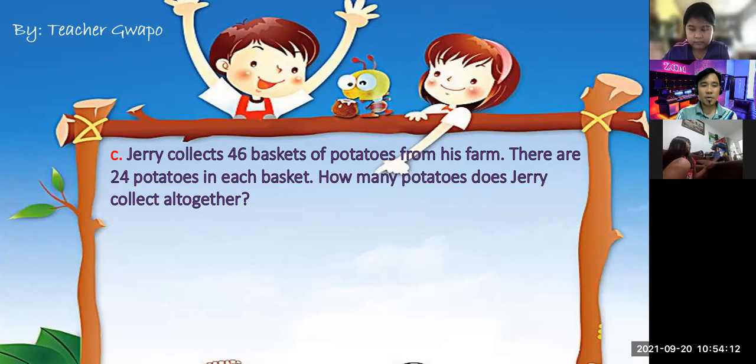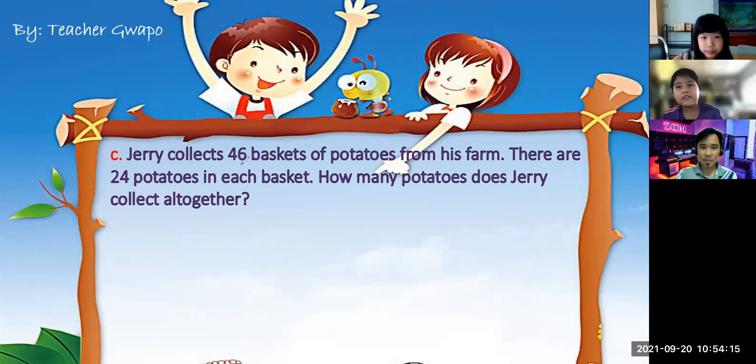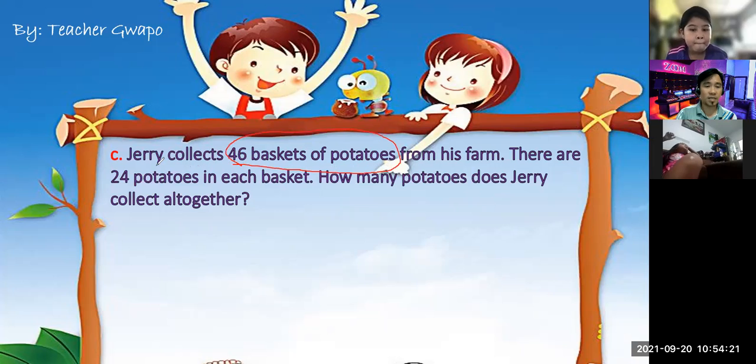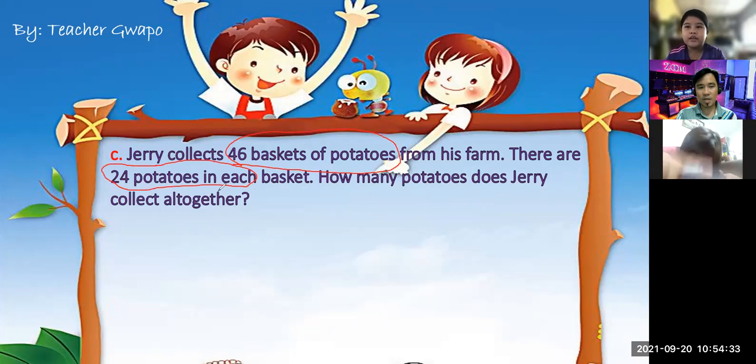The problem here is about 46 baskets of potatoes, and each basket has 24 potatoes. So how many potatoes does Jerry have all together? We need to make a number sentence.